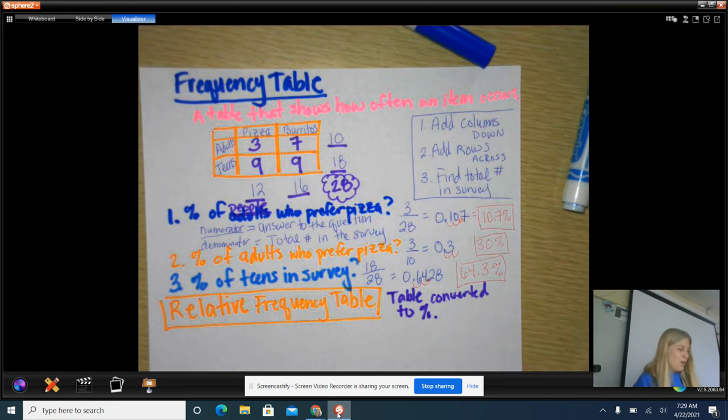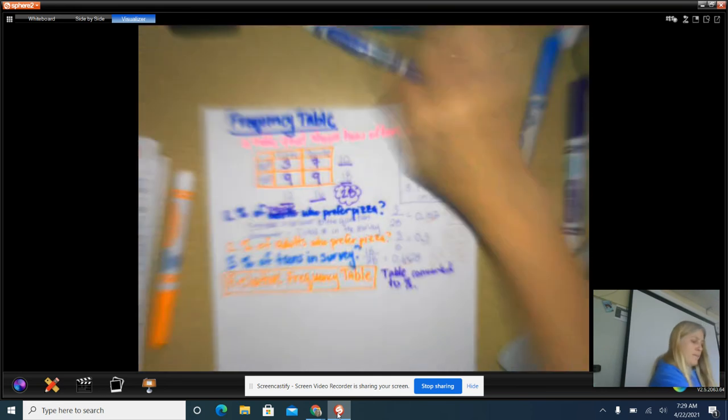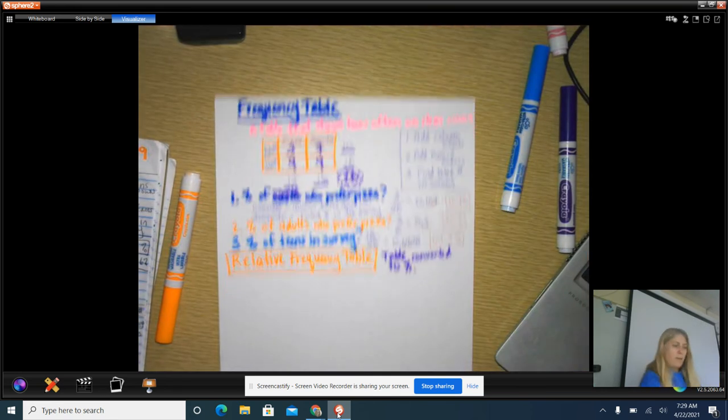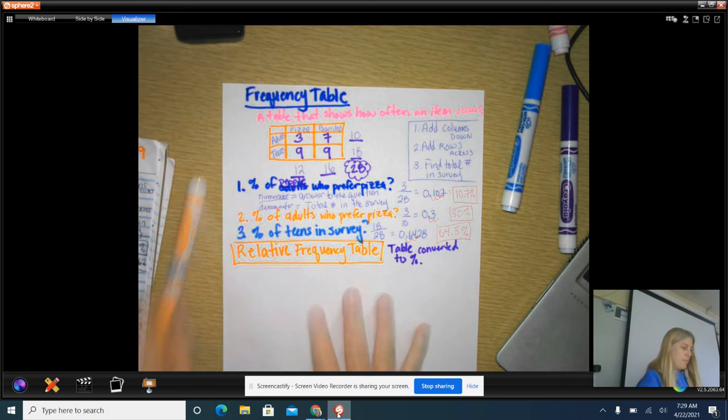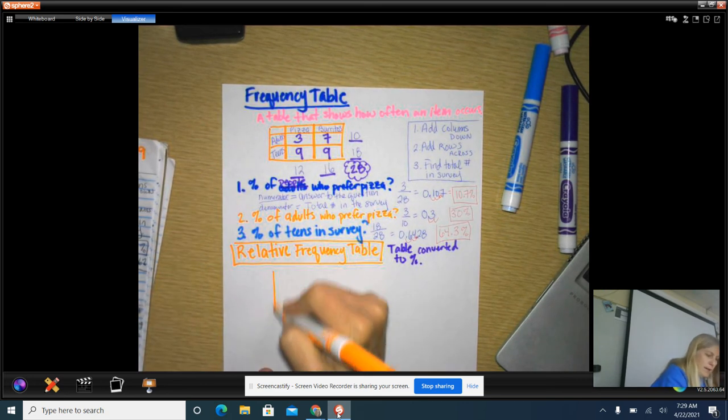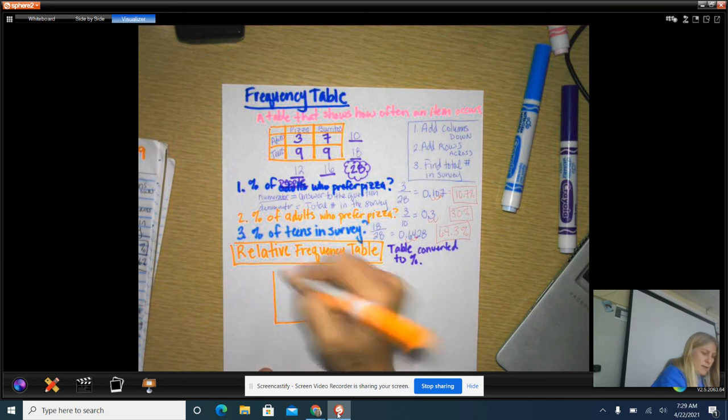And so this is all of them converted to percentages. So we're going to take the same data and then we're going to go ahead and redo it converted. So let's go ahead and take our table once again.